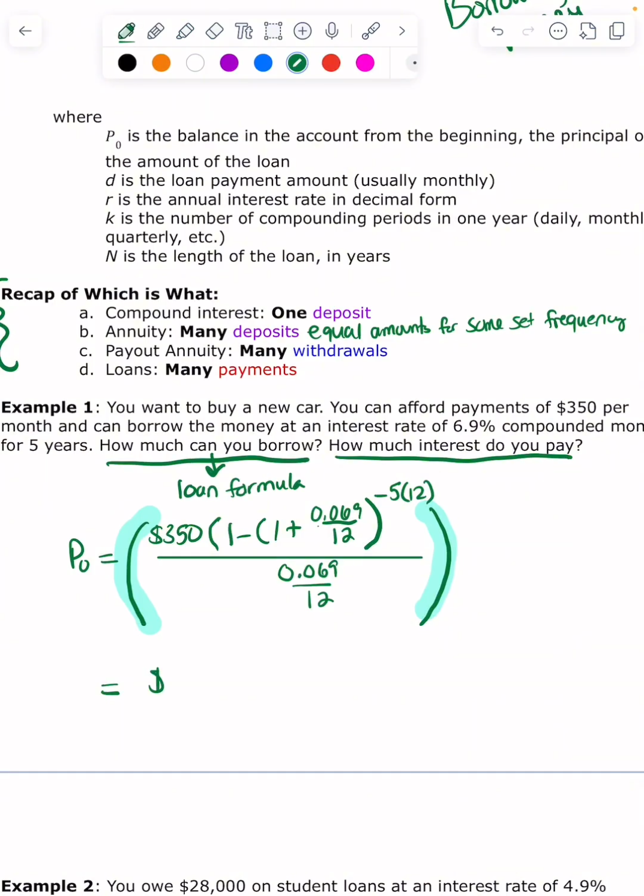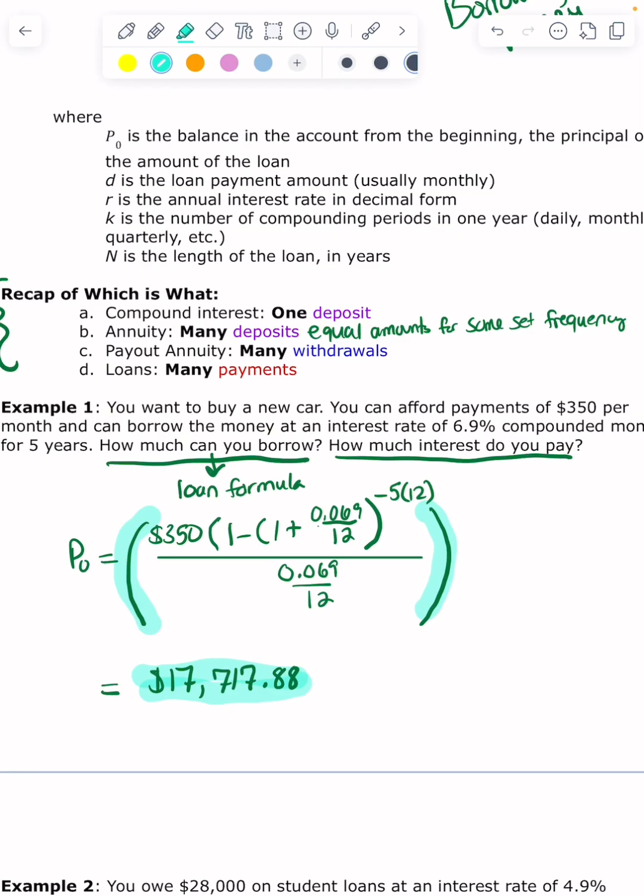Anyway, so I got $17,717.88 if we round to the nearest cent. So that means that's how expensive the car can be that you can get and still be able to afford the payments.